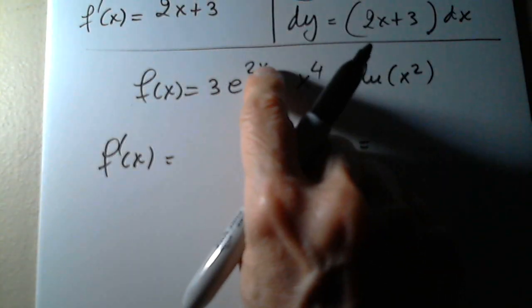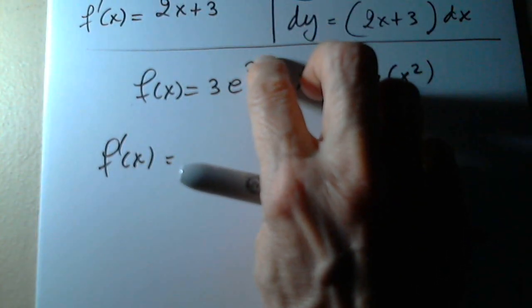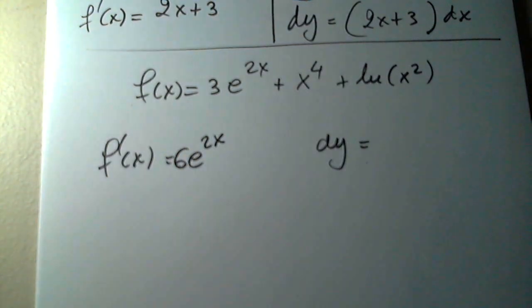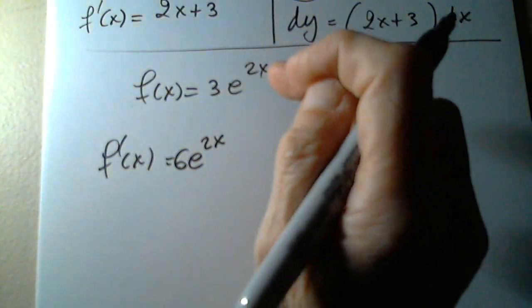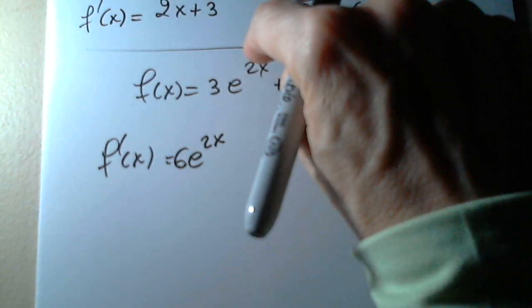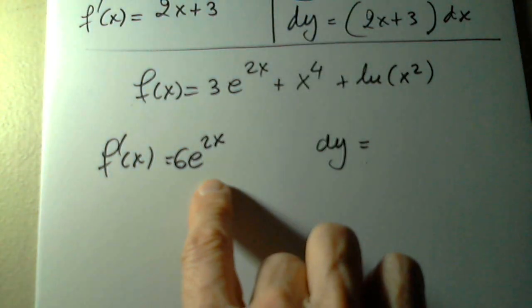The derivative of e to a function is e to the function times the inner function prime. So I'm hoping you want to say 6e to 2x. The inner function prime is 2, and 2 times 3 is 6e to 2x.